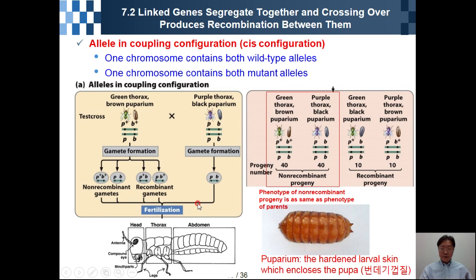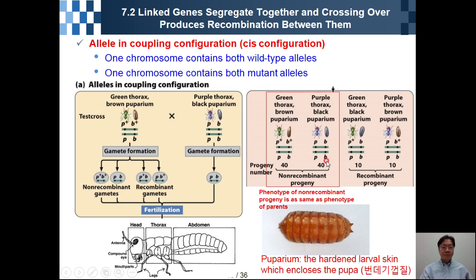So after fertilization, this will become the non-recombinant progeny, and this will become the recombinant progeny. Usually the non-recombinant progeny is predominant.